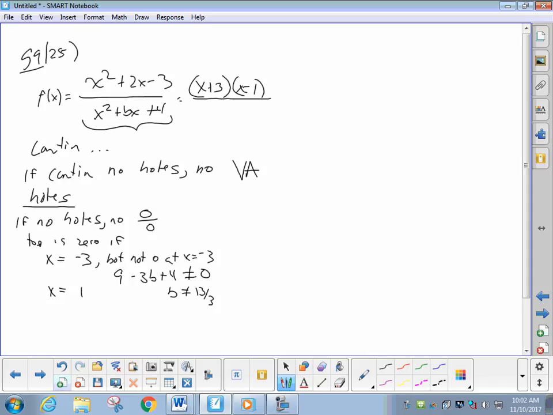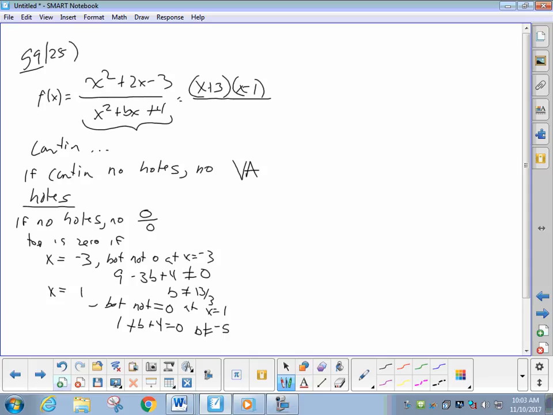Well, at x equals 1, I know the top is 0, so I cannot have the bottom 0 if x equals 1. That would imply that 1 plus b plus 4 is not 0, so b is not -5. Okay, so as long as I exclude those two outcomes, then I won't have a hole problem.